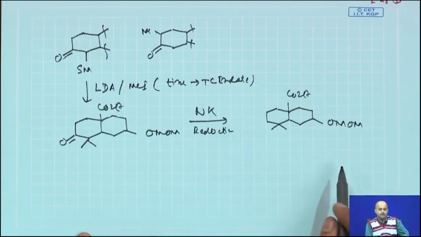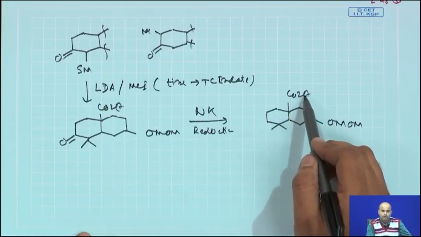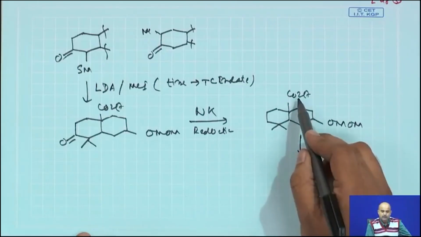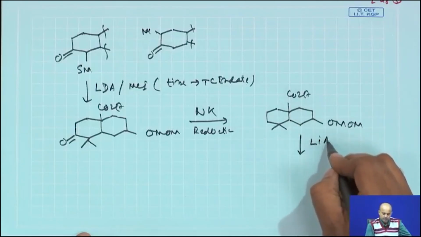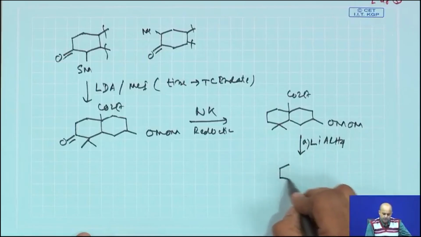Next, as the target molecule has a methyl group here, the CO2 needs to be converted so that it can be easily converted to the corresponding methyl. So, do a lithium aluminum hydride reduction first.